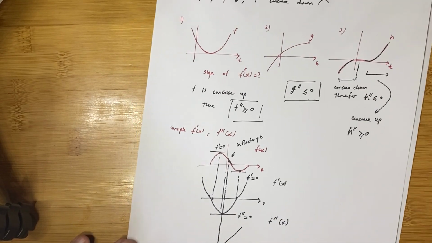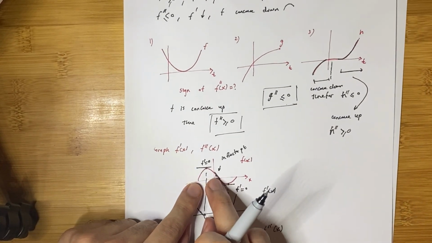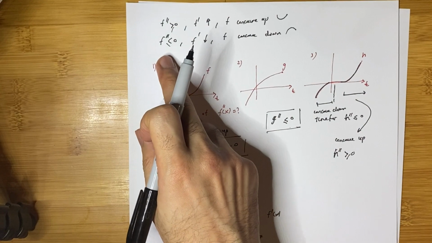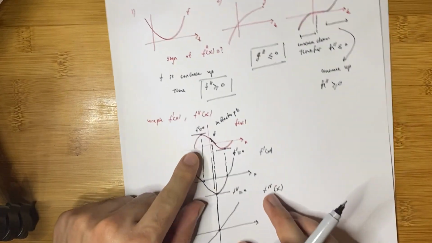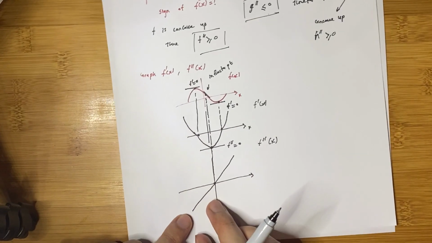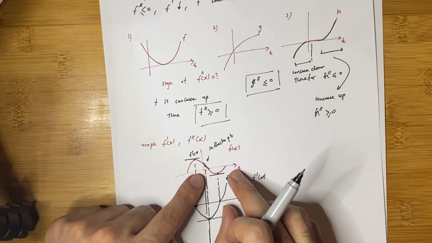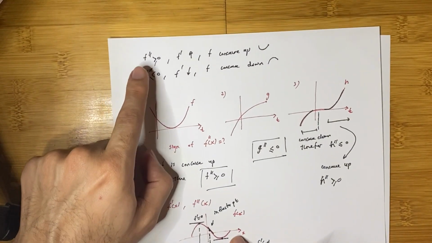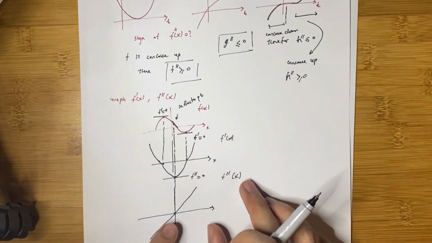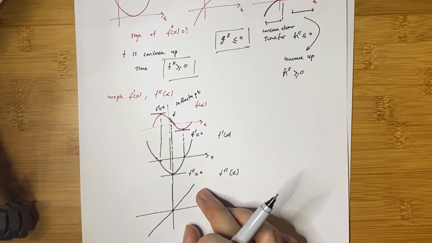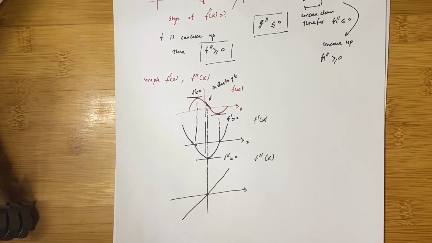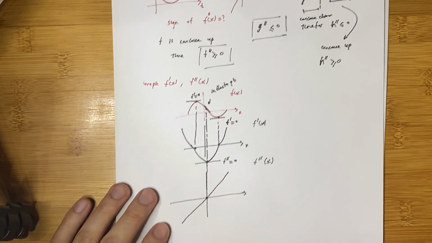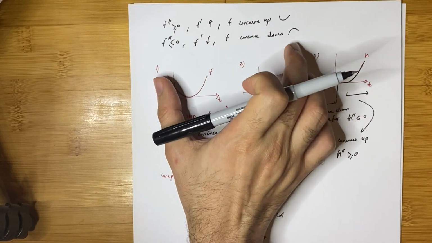Again, note that here when it's concave down, we said the value should be less than or equal to 0, which is correct. And here it's concave up, so it should be greater than or equal to 0, which is correct as well. So we can check our work in multiple views using this rule here.